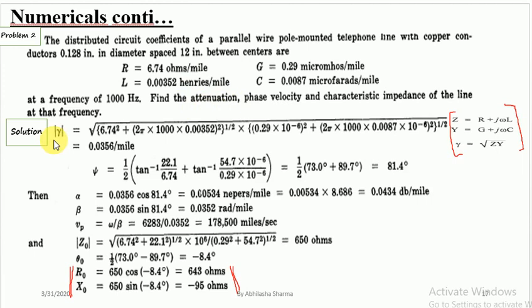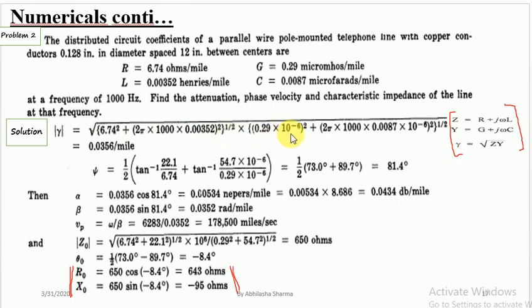As we have seen in the previous slide, the formula for the magnitude of the propagation constant is: R squared plus omega squared L squared, whole bracket to the power 1/2, where omega is 2 pi f and this is the value of L.